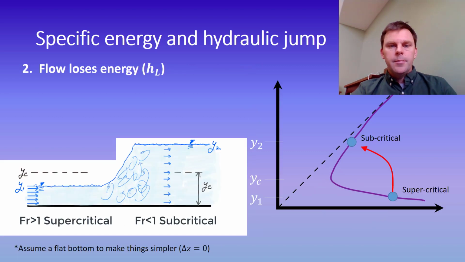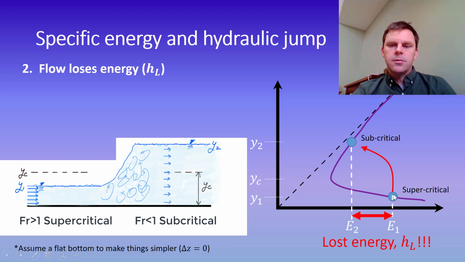The second thing that's going to happen is that you notice it didn't just jump straight up, it jumped up and over. And we're thinking about a flat bottom here, just so that you know. There's no shift to the left or the right due to the elevation change of the channel. In this case, all of that leftward shift from super to subcritical is related to the lost energy that the jump is dissipating in all of this turbulence.